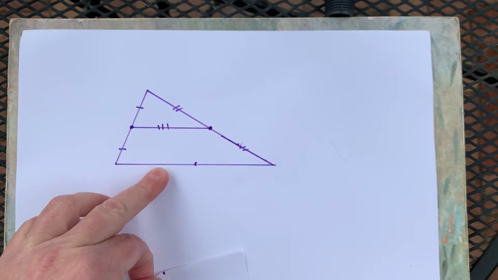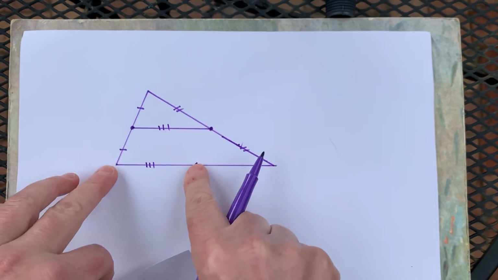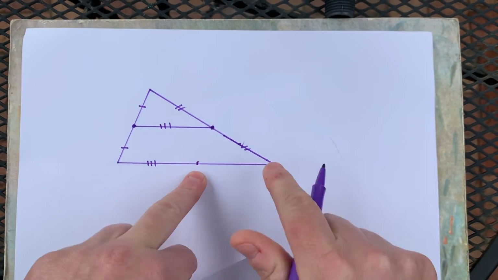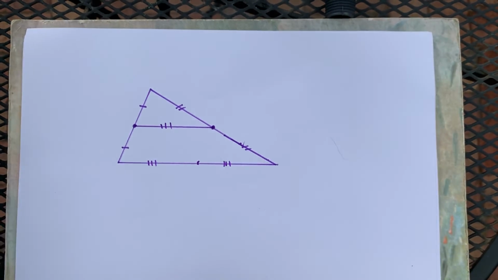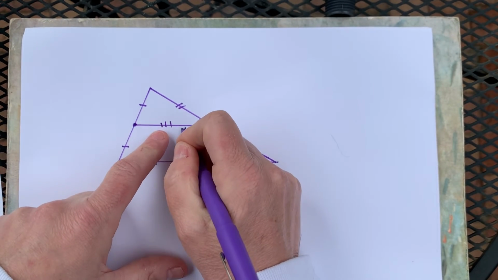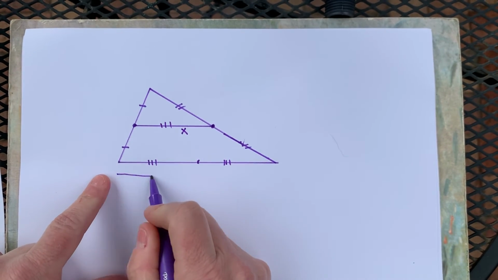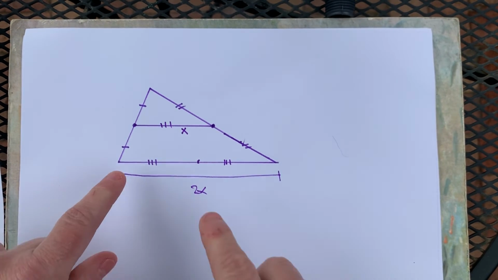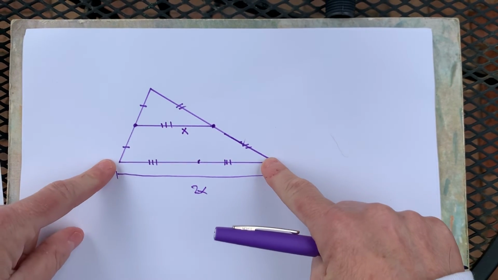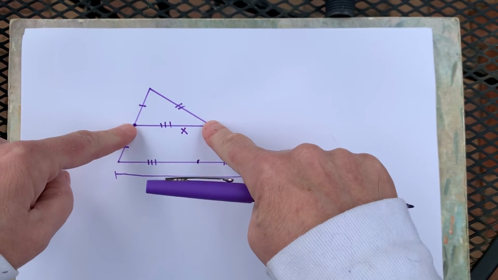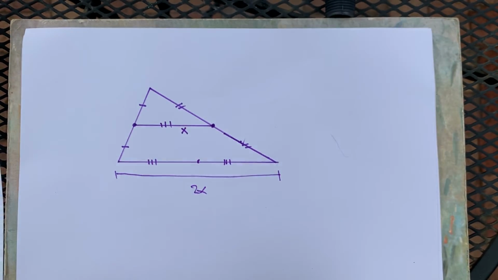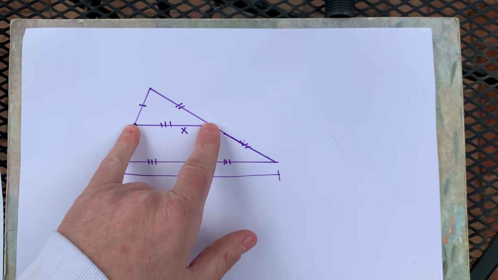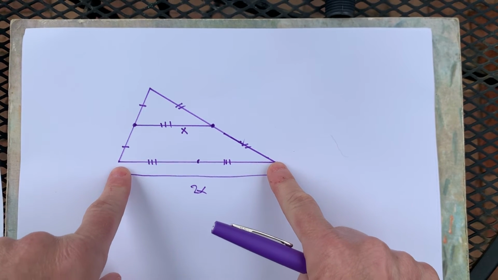This segment here is congruent to this half segment here and this half segment here. In other words, if this is X, this length right here is 2X. Or if this length here was, say, Y, this is half of that. So when I draw in this segment, I get something that's half the length of the third side.